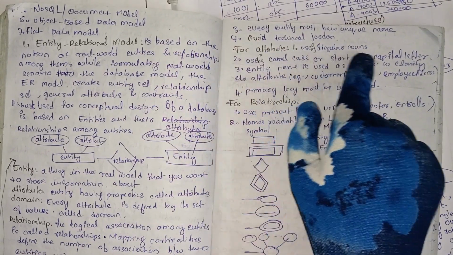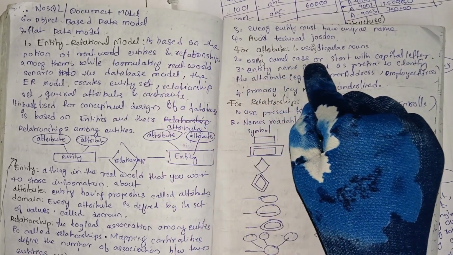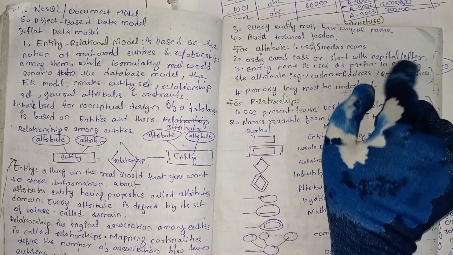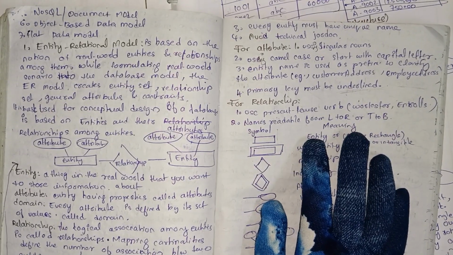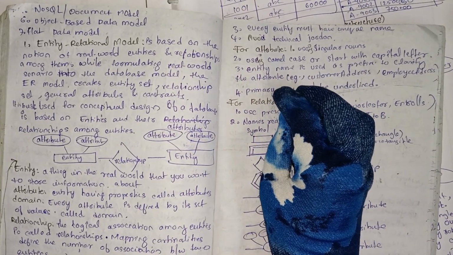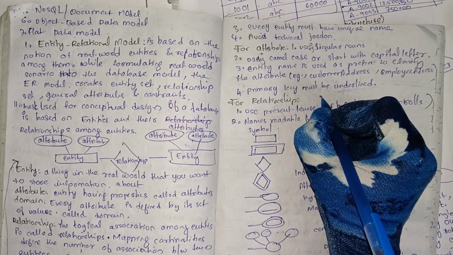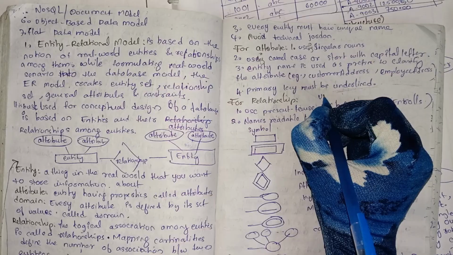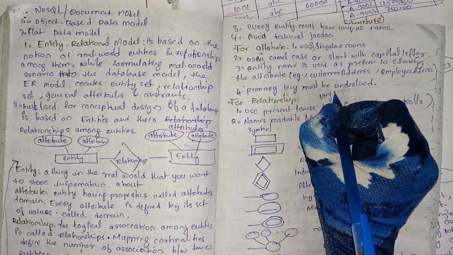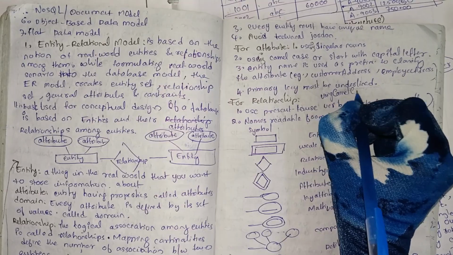For attributes, use singular nouns, using camel case or starting with capital letters. Camel case means a set of words, for example, using camel case.